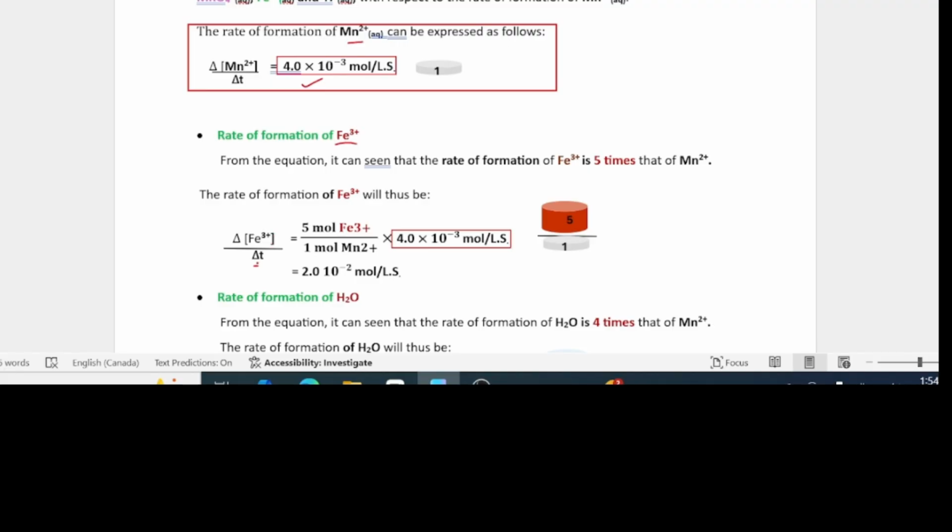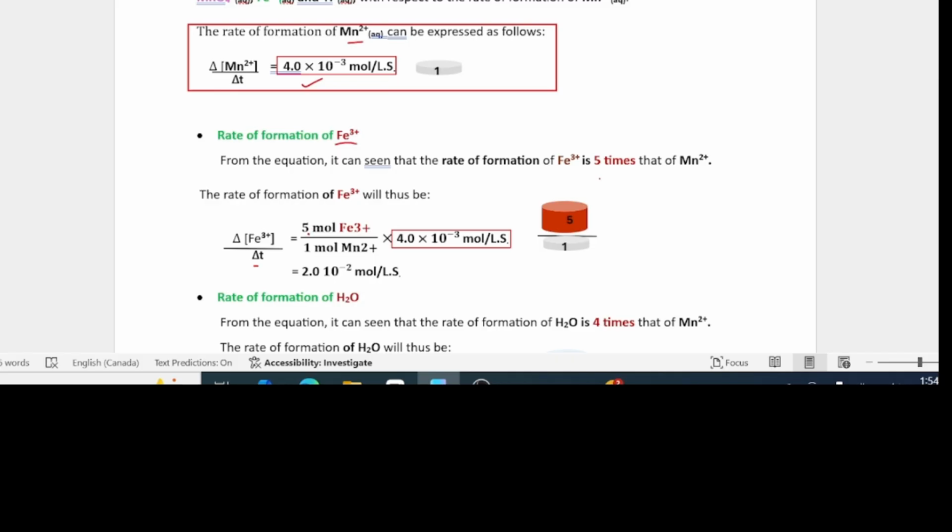Number 2. Establish a mole ratio by placing the one to be calculated as a numerator and the one that has been calculated as a denominator. So we established a mole ratio here. So we want to calculate iron.